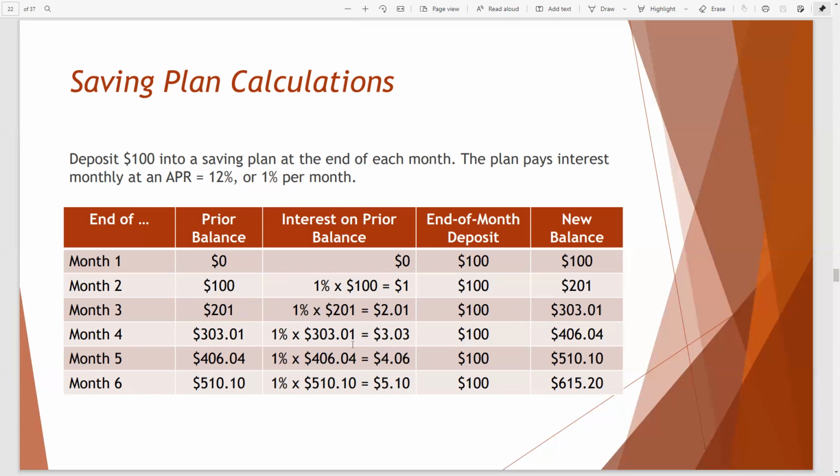Apply the same idea: you have the prior balance, interest applied to your balance, and a new deposit. At the end of 6 months you'll have $615.20. So $600 was your deposit, and the total interest is $15.20.